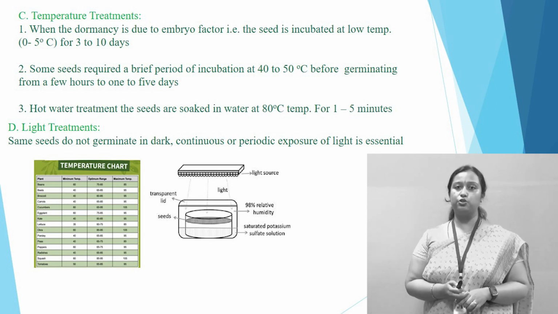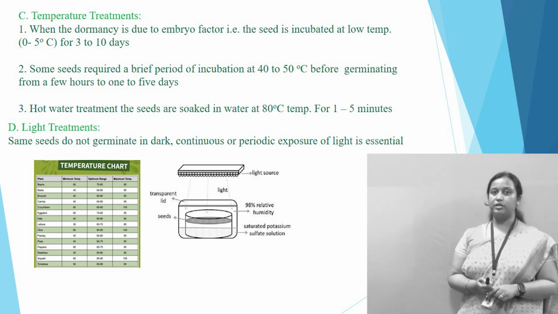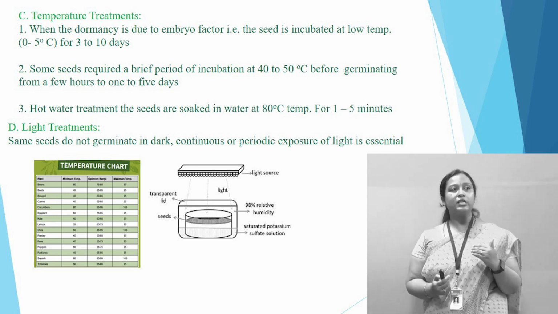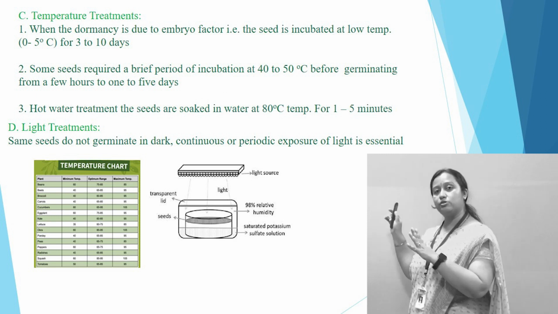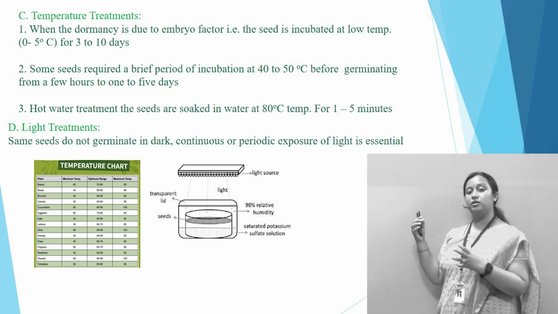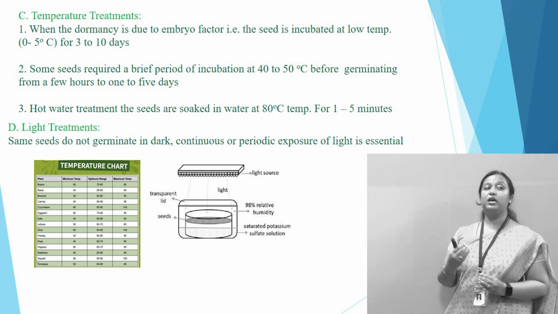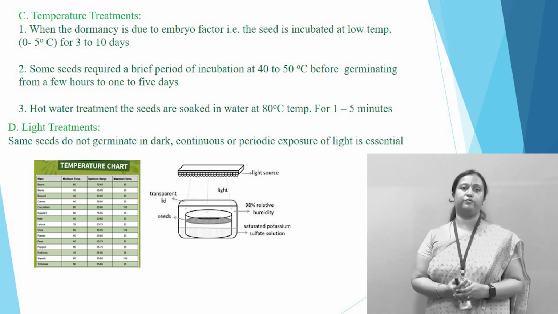The other two methods include temperature treatments as well as light treatment. Temperature treatments are used where the dormancy is because of embryo factor. The previous treatment is only for seeds whose seed coat is harder, but this treatment is in case of embryonic inhibition for germination.